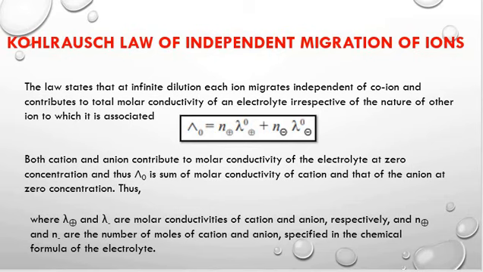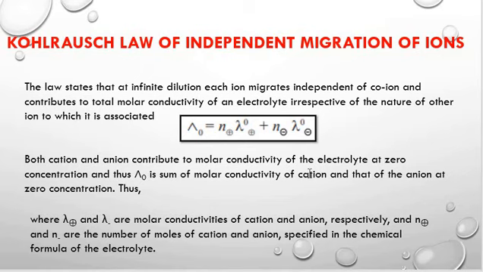He gave the expression: lambda naught is equal to the number of cations times the molar conductivity of the cation, lambda naught of cation, plus the number of anions times the molar conductivity of the anion. Both cations and anions contribute to the molar conductivity of the electrolyte at zero concentration.